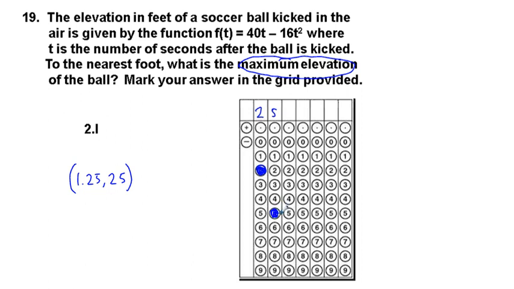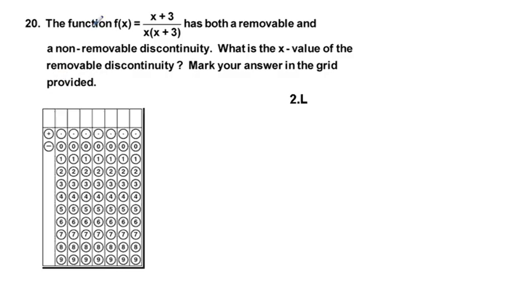And the last one we're going to look at is number 20. The function f of x equals the quantity x plus 3 over x times the quantity x plus 3. So if we graph this, we're going to have a non-removable discontinuity at x equals 0, but then we're going to have a removable discontinuity where x plus 3 is equal to 0.